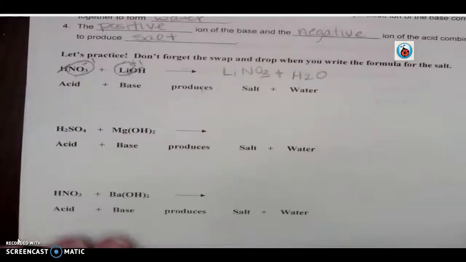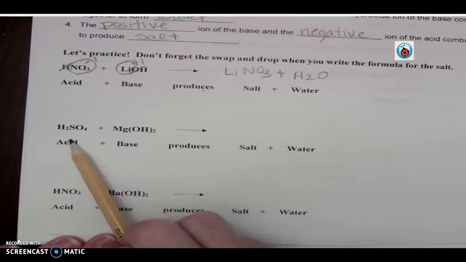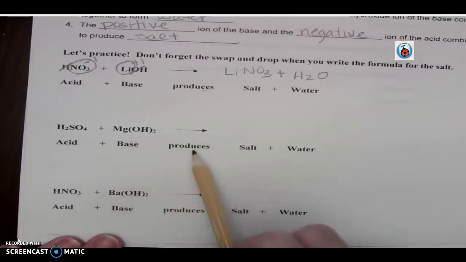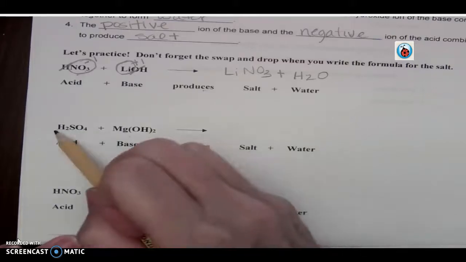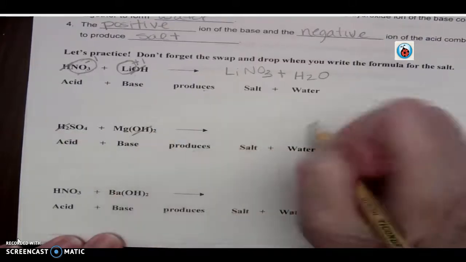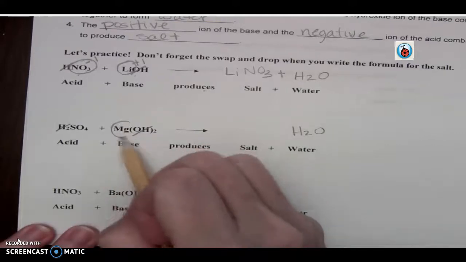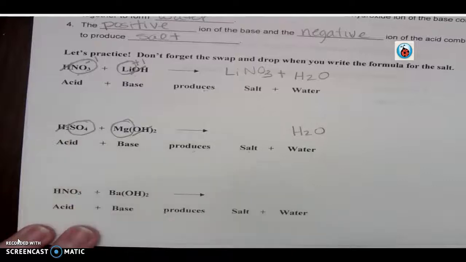All right, let's look at example number 2. I've got sulfuric acid plus magnesium hydroxide produces some salt plus water. Okay, again, H, OH produce water. Now we're going to figure out our salt. So it's always take the positive ion from your base and the negative ion from your acid.